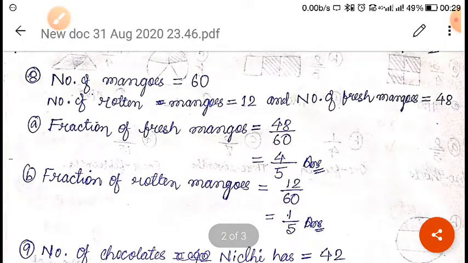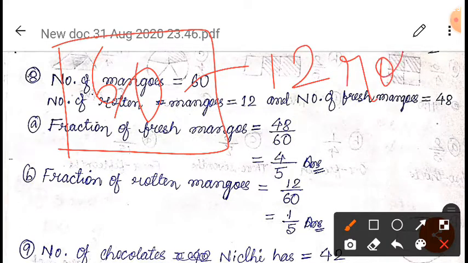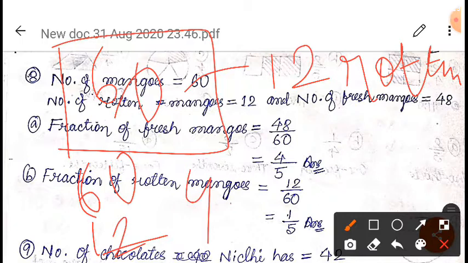Next, in a box, there is a box here like this. In this box there are 60 mangoes. Okay, and from the 60 mangoes, 12 mangoes are rotten. Means how many mangoes are fresh? 48. Why? 60 minus 12 will be what? 48, right?